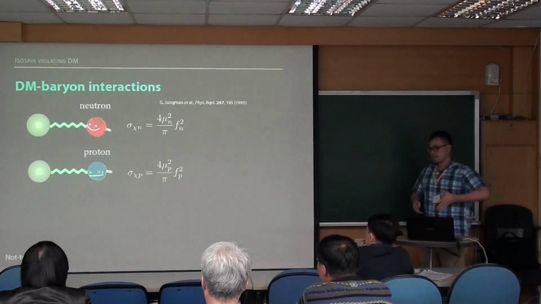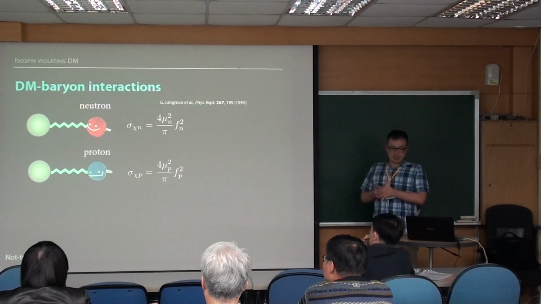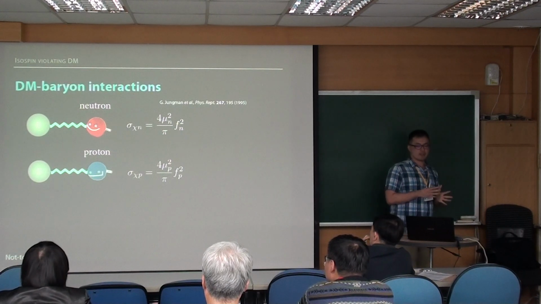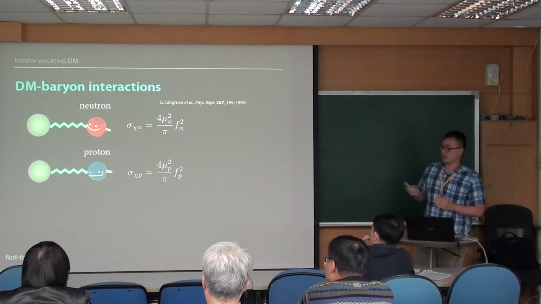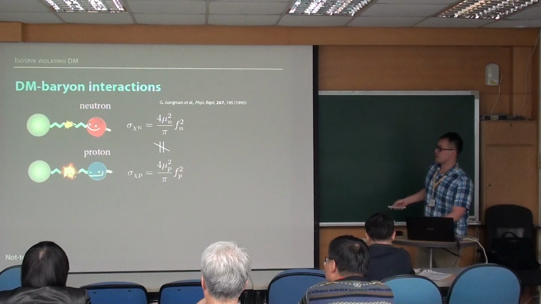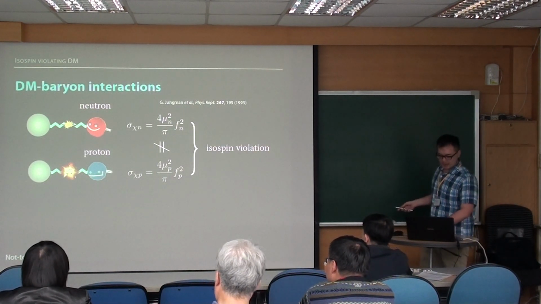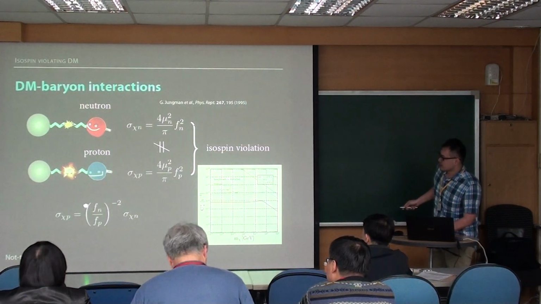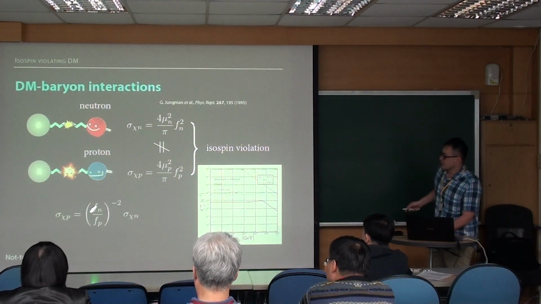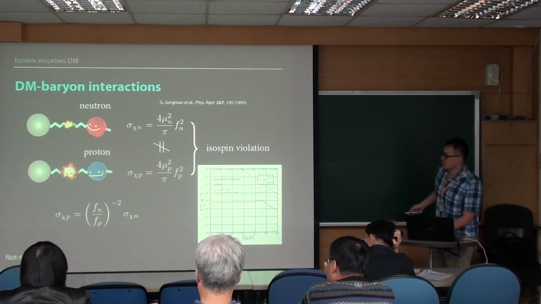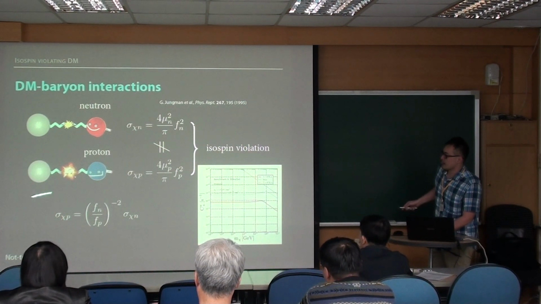On the other hand, the couplings or interaction strengths between dark matter and neutrons and dark matter and protons are in general not the same. This is called the isospin violation case. So sigma chi p, the dark matter proton cross-section, and sigma chi n, the dark matter neutron cross-section, in general differ by a factor.